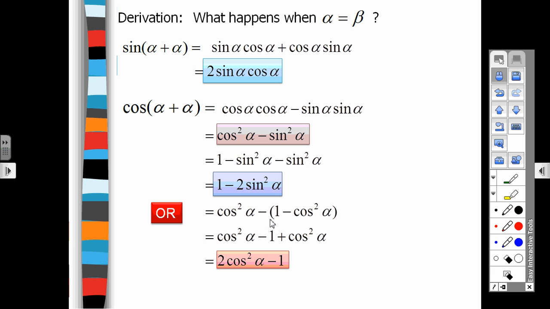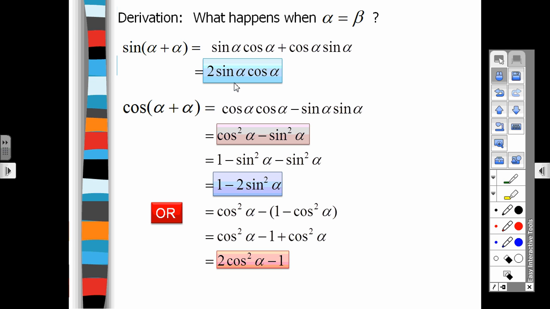And don't forget the quantity part, because when you distribute, you'll get a different answer otherwise. So distribute your negative, and you get cosine squared alpha minus 1 plus cosine squared alpha. These two combine to give you 2 cosine squared alpha minus 1. So here are the 3 identities for cosine 2 alpha.